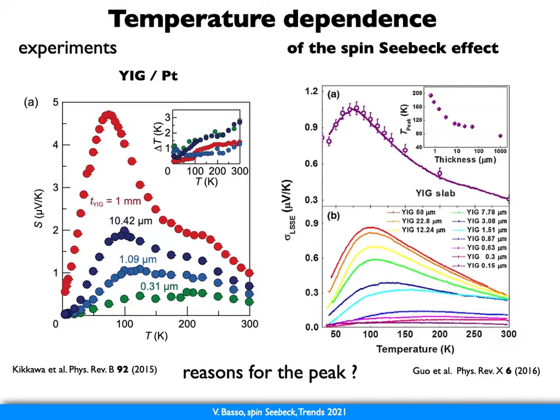As you can see, the peak almost completely disappears for small thicknesses. This is quite interesting for speculating about the properties and the nature of the diffusion and motion of magnons in ferromagnets. One question is, what is the reason for the peak?